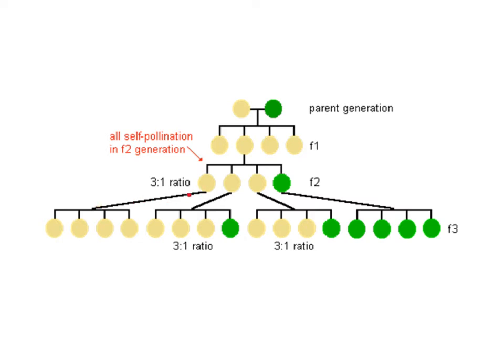And he saw, this yellow produced 4 yellow offspring. This one produced them in a 3-to-1 ratio. So 3 yellows for 1 green. This third yellow produced offspring in a 3-to-1 ratio, 3 yellows to 1 green. And then the green pea plant, when it self-fertilized, produced all 4 green pea offspring.